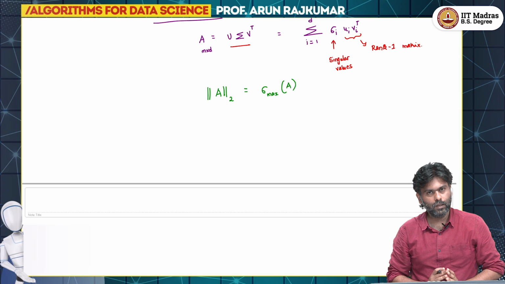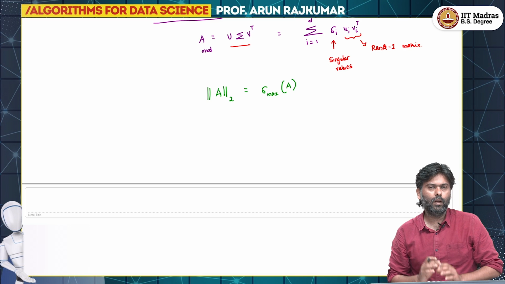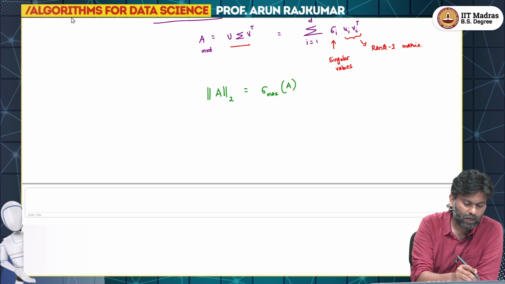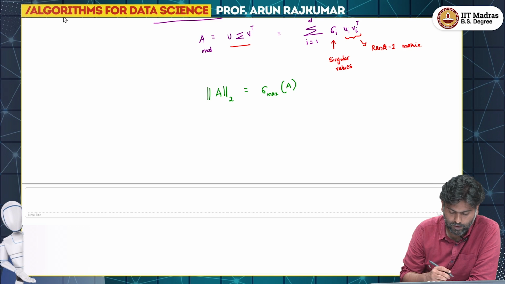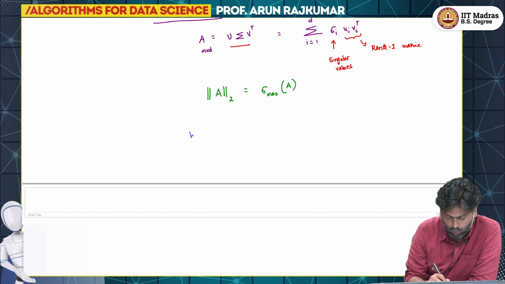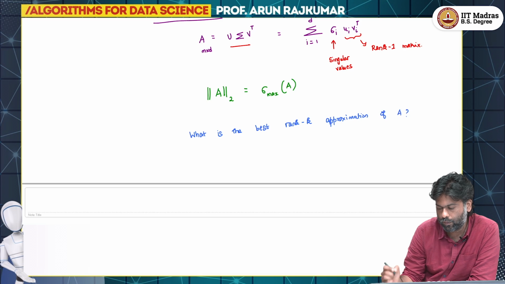Let's say we care about the best rank K approximation of A. So what do I mean by that? Let's say here is what I want: what is the best rank K approximation of A?